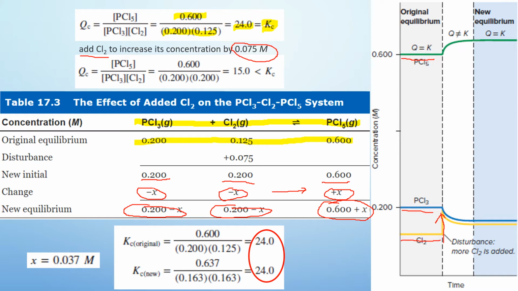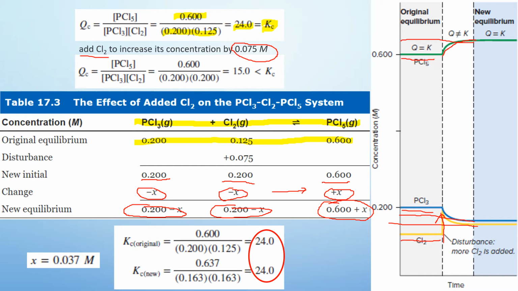So Q is no longer equal to K. For the products, the concentration is going to increase by X, and for the reactant, the concentration is going to decrease, and is changing until the new equilibrium is reached, which is represented by the second dashed line. After the second dashed line, the concentration remains constant again, and this corresponding concentration is the new concentration for each reactant and the product.